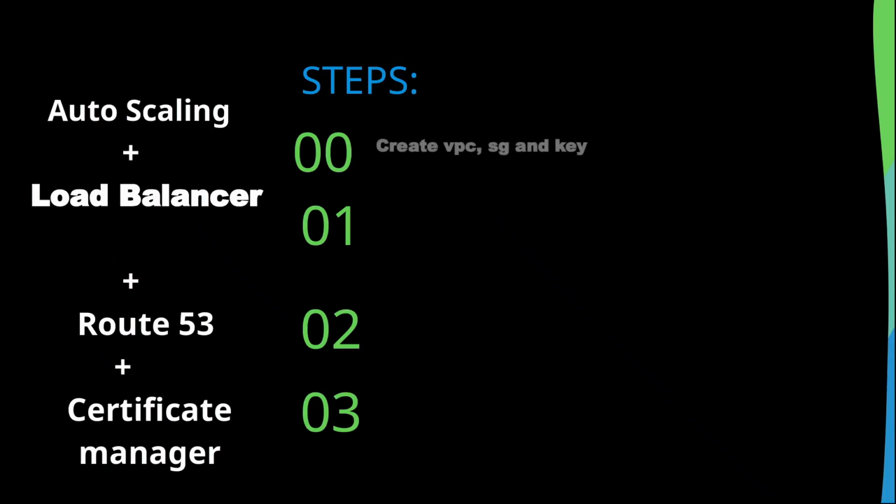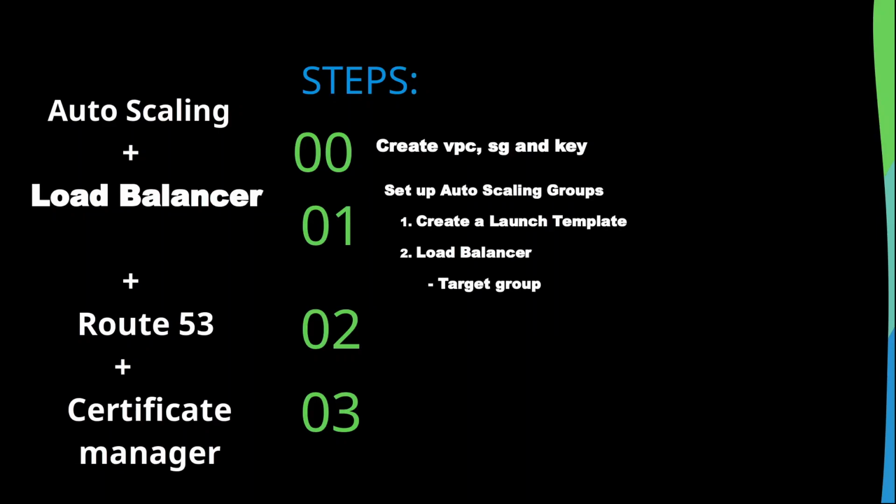Now, this involves a couple of steps. We need a VPC, security group, and key, which I've already created. We will start by creating the auto scaling group, and in that we will be asked to create a launch template. We will also be asked to create a load balancer and a target group. Once that is done, we can use the URL of the load balancer to access our web application.